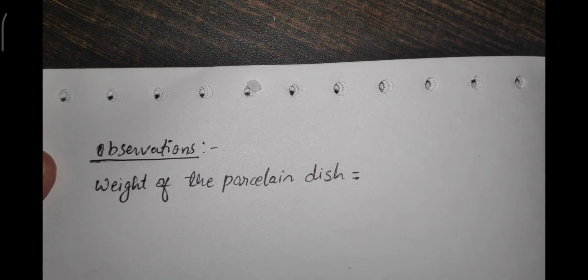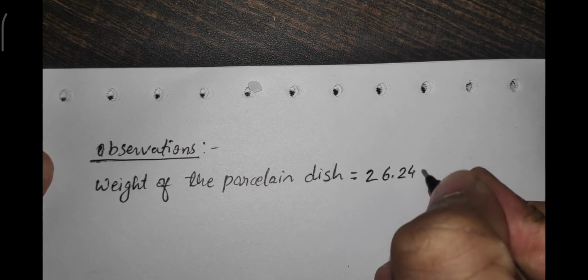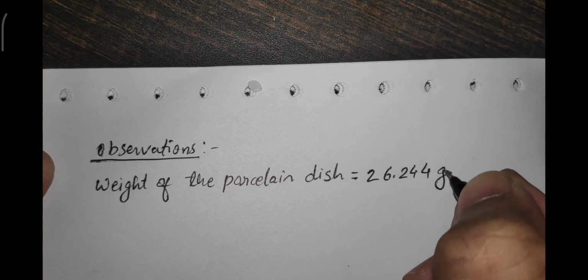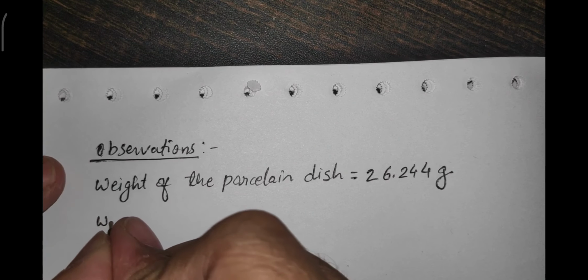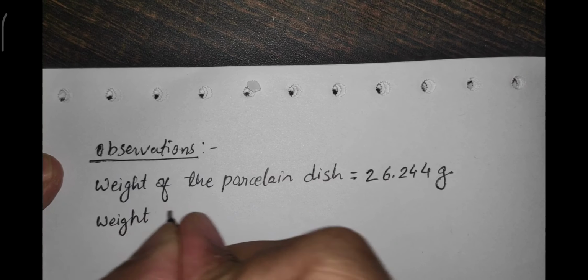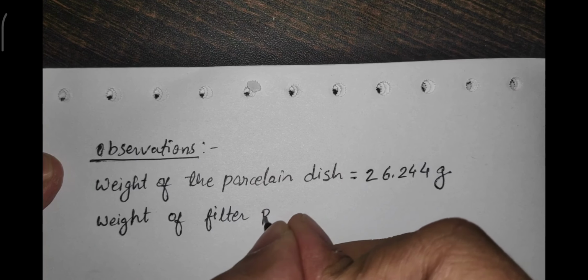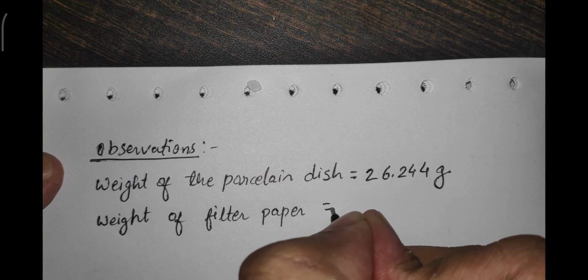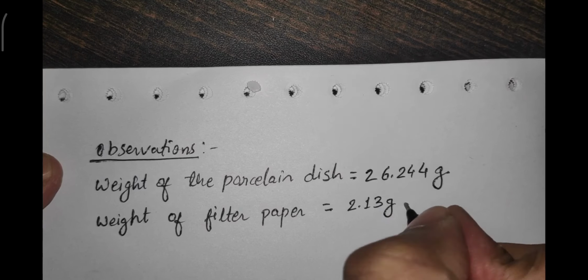First of all, the weight of the porcelain dish. The weight of the porcelain dish is 26.244 g. We always have to write gram as g. Next is the weight of filter paper. The weight of filter paper is 2.13 g.